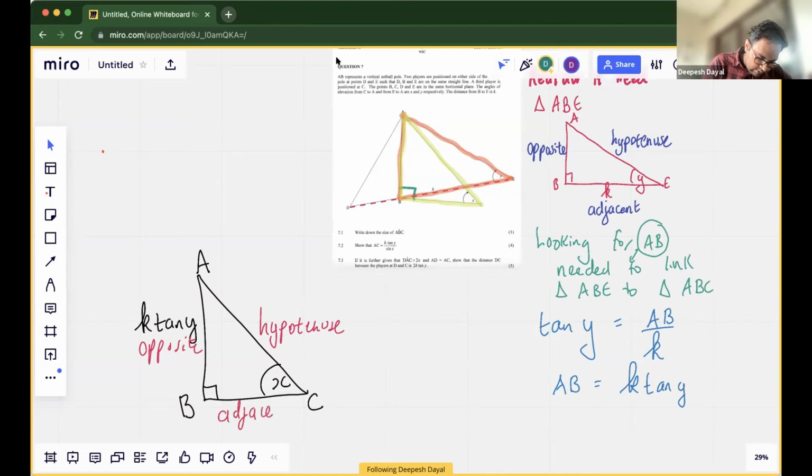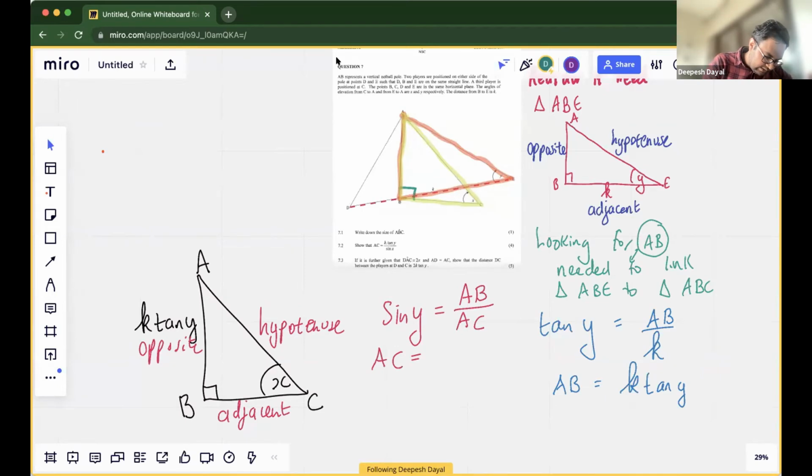Yes. So we want AC, and for AC we're going to use opposite over hypotenuse, which is sine. I'm going to say sine Y equals AB over AC, right? Yes.